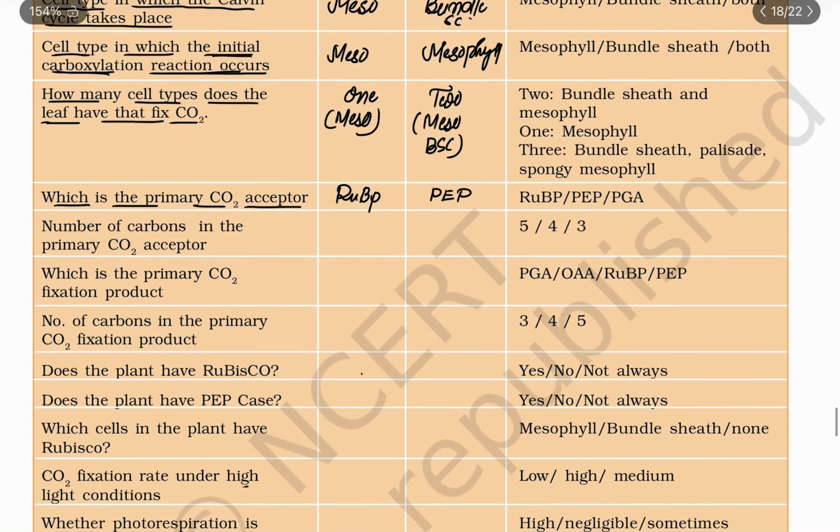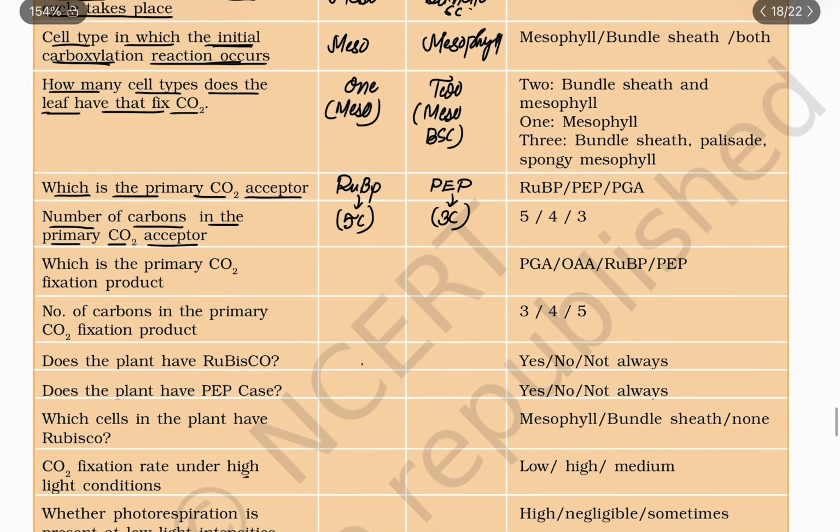Next, the number of carbons in the primary carbon dioxide acceptor. In C3 plants, RuBP contains 5 carbons, and in C4 plants, PEP contains 3 carbons.